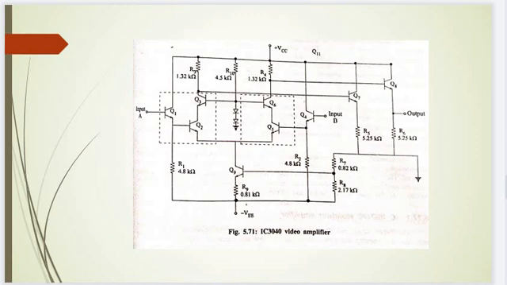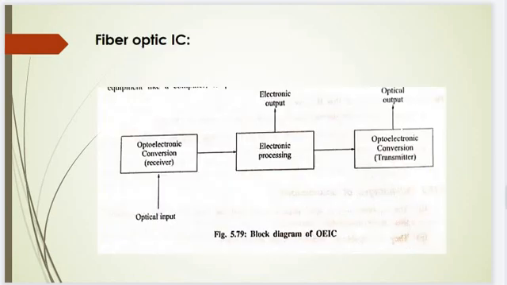So this IC 3040 video amplifier, with its cascade gain stage configuration and its emitter follower input and output stages, exhibits a large gain bandwidth product. The gain bandwidth product of the video amplifier is the 3 dB bandwidth, for a frequency of 55 MHz.